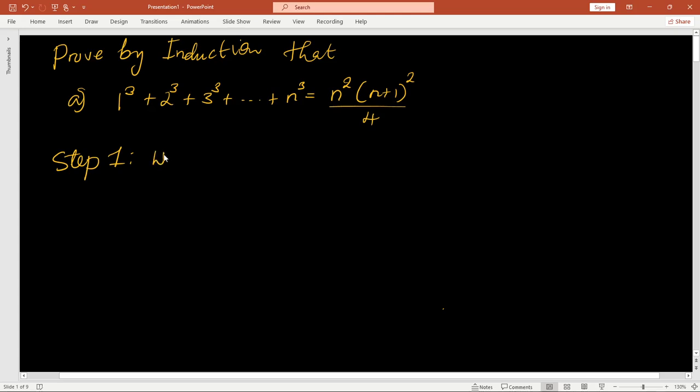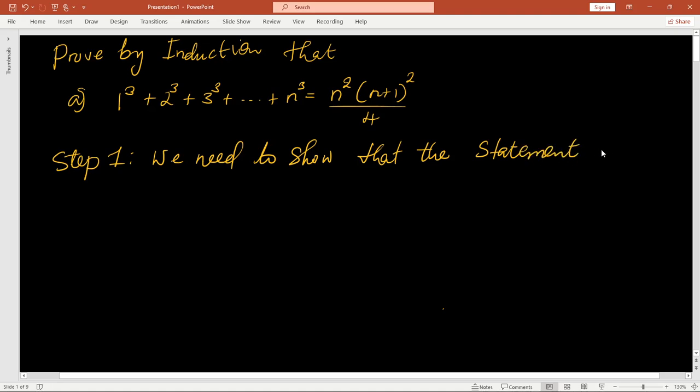So here we say we need to show that the statement that we have here is true for n equal to 1. What this simply means is we're going to get from the left hand side of what we have here this expression, where we equate it to the right hand side.